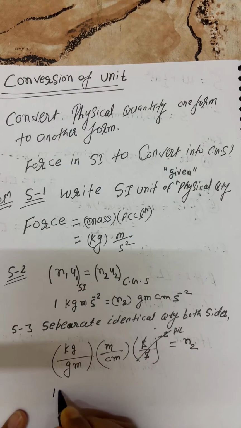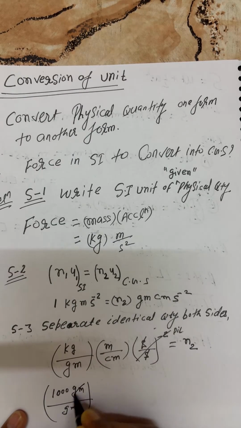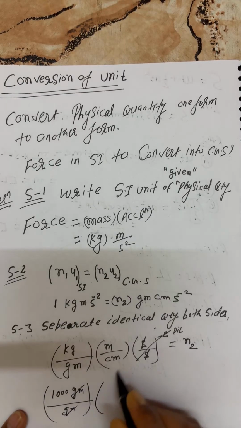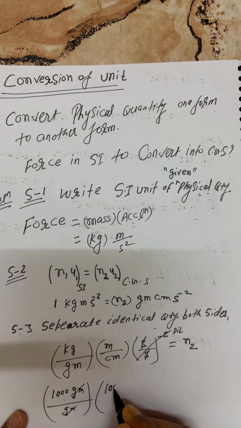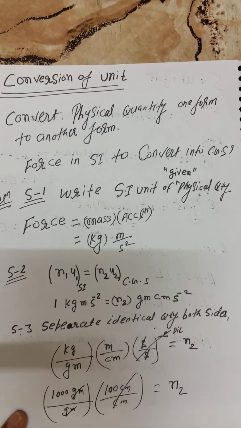Here, students, I'm using 1 kilogram is equal to 1000 gram. So you can see gram cancels. 1 meter, students, here I'm using 100 centimeter. So centimeter cancels. This is n2.